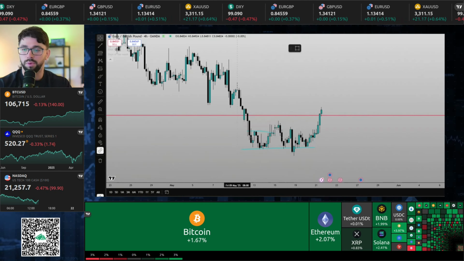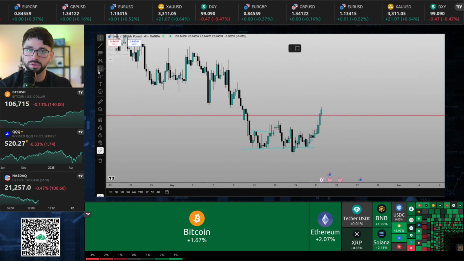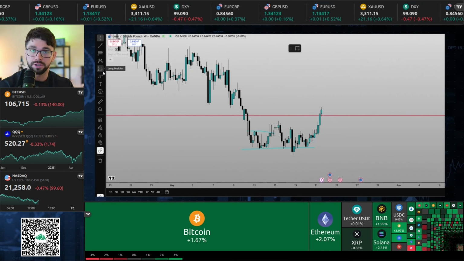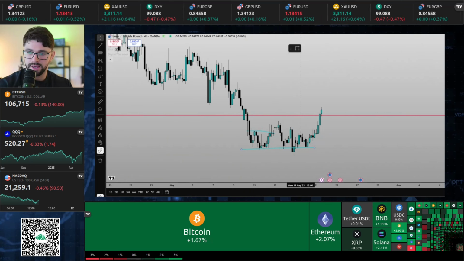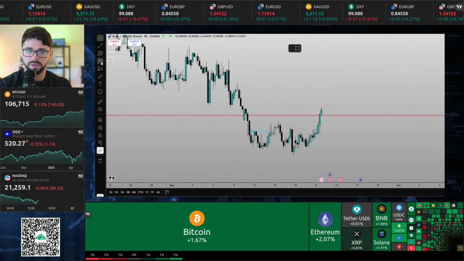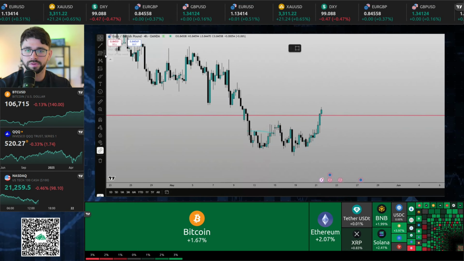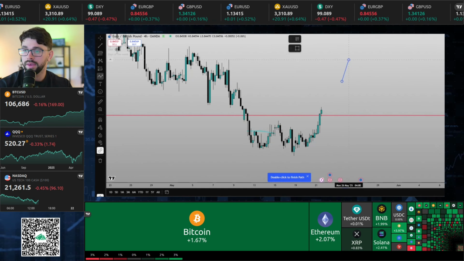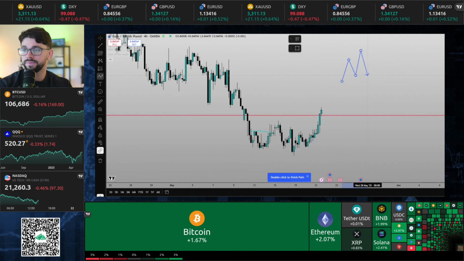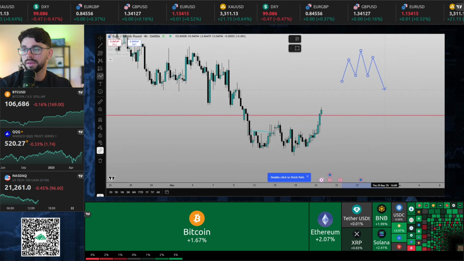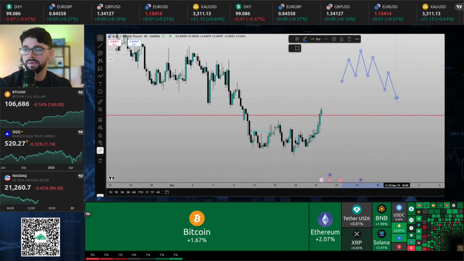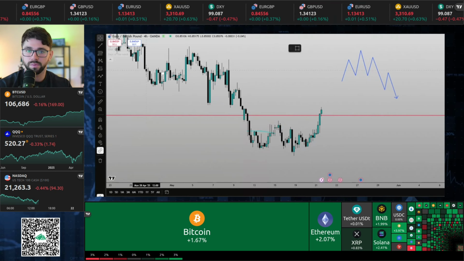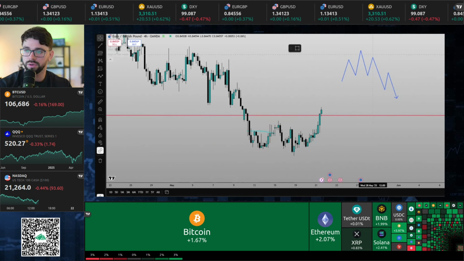It's found support. And if you're new to trading and you've learned what a head and shoulders is, this is a reverse head and shoulders. Head and shoulders, for instance, that is a head and shoulders pattern. What that would be is the shoulder, the head, and the shoulder.